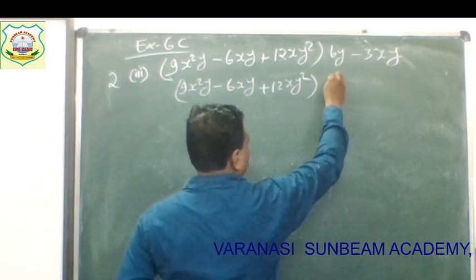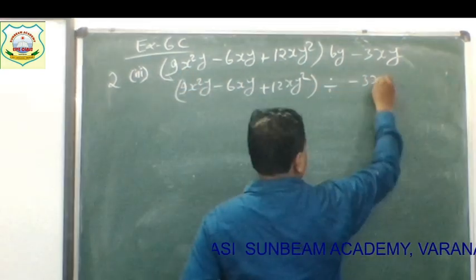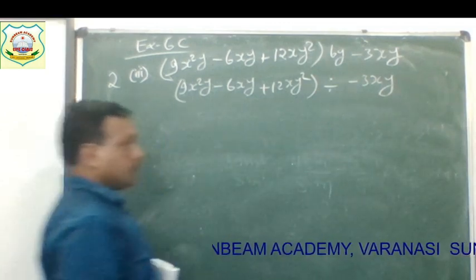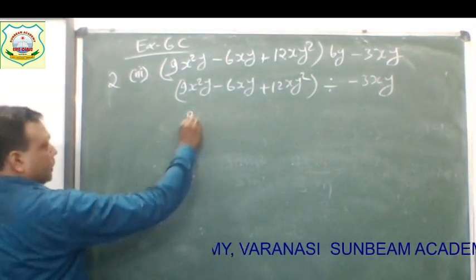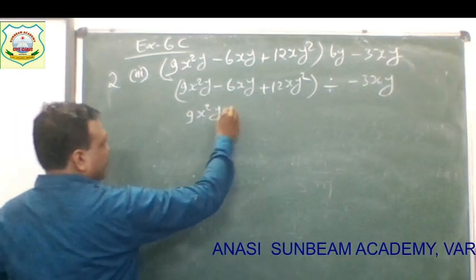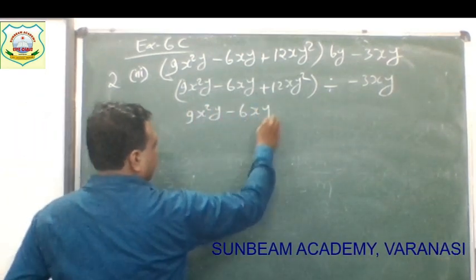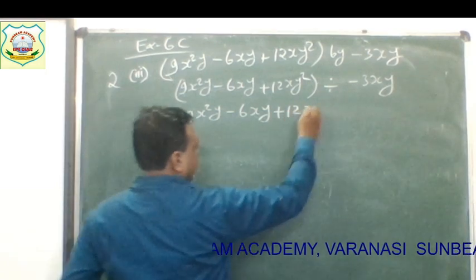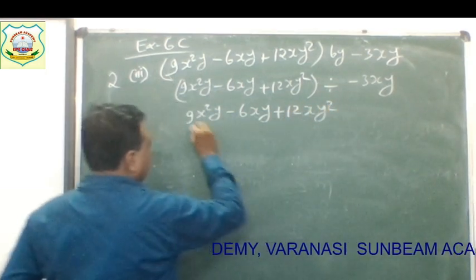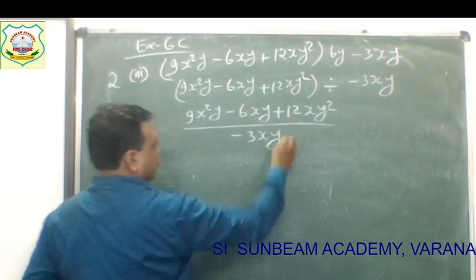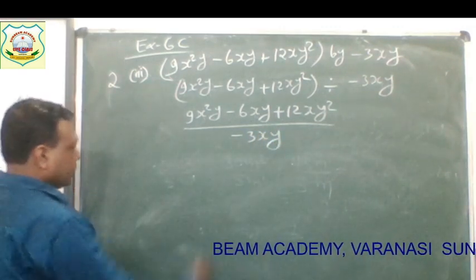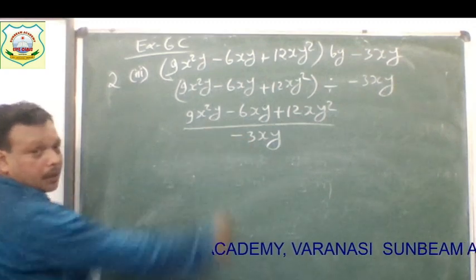Divided by minus 3xy. Same here, two monomials. So 9x square y minus 6xy plus 12xy square upon minus 3xy. Friends, now separate it.